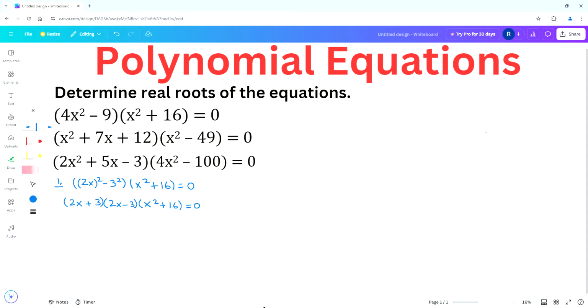So this is the fully factored form of the given equation. Now we can analyze the three factors one by one to find the real roots.